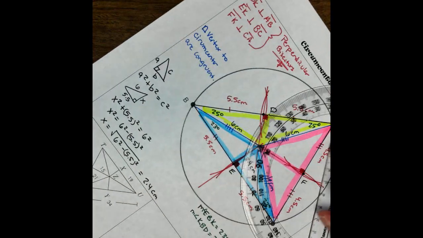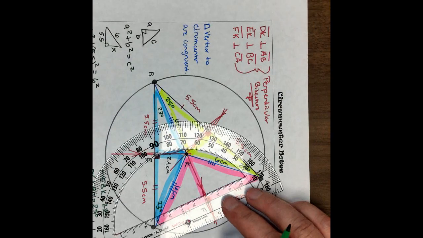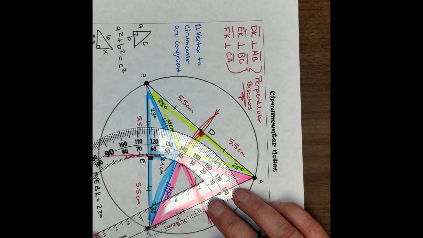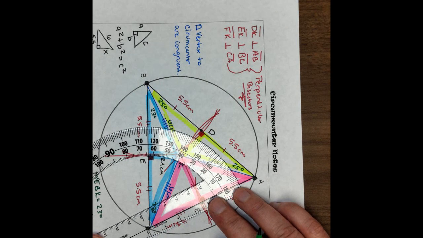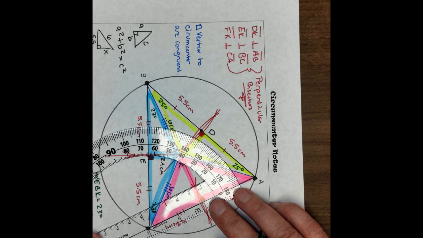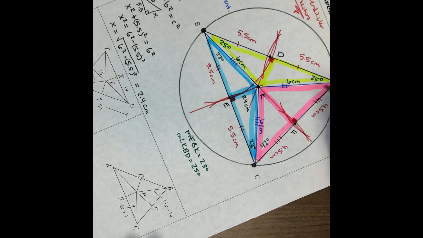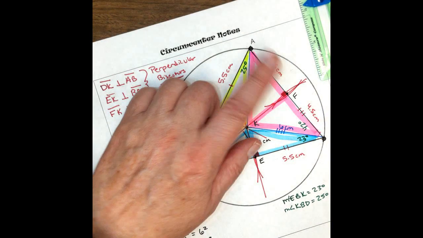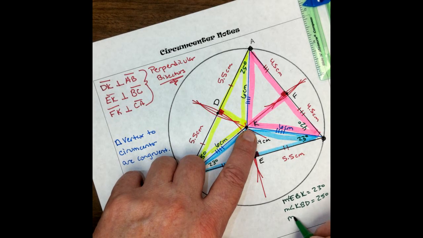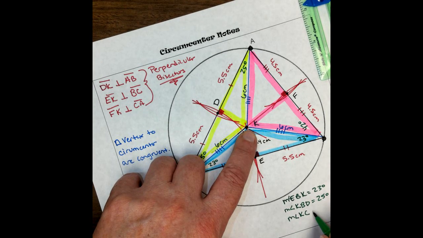And then if I measure my pink triangle here, the measurement of that guy is roughly 42 degrees. So the measurement of KCF is 42 degrees.